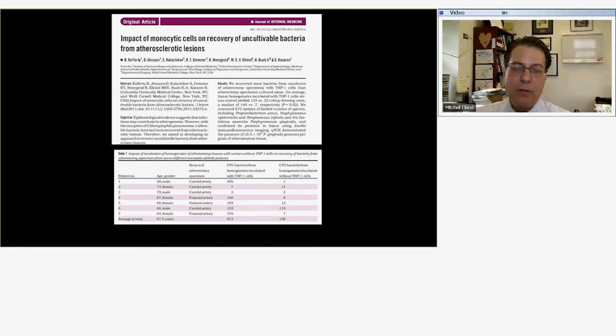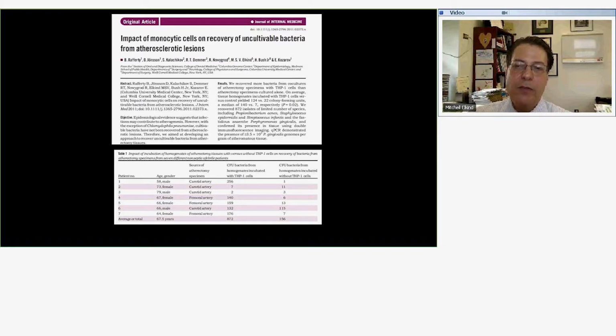And in one analysis that was done here by one of our dental pathologists, we collected plaque specimens from the carotid and other vessels at surgery, and they found that they could recover bacteria from those specimens at a much higher rate when they incubated the specimens, the plaque tissue from the arteries, with monocytes.